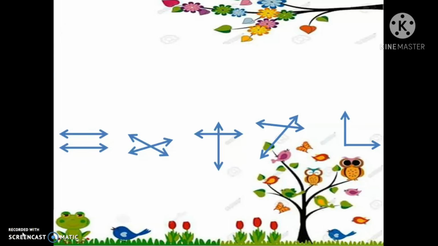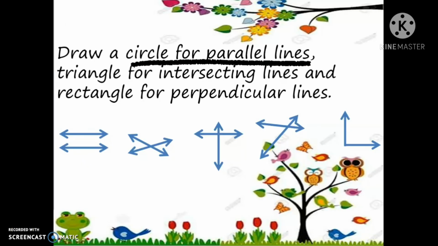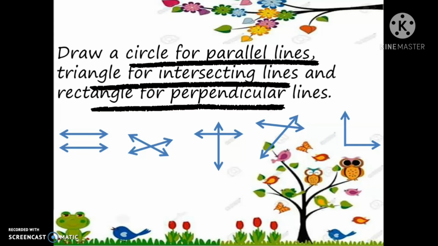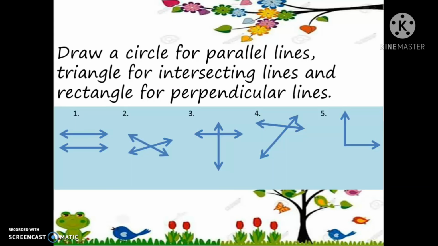For the next activity, you are going to draw a circle for parallel lines, triangle for intersecting lines, and rectangle for perpendicular lines. For number 1, what is your answer? The answer is circle. It is parallel lines.